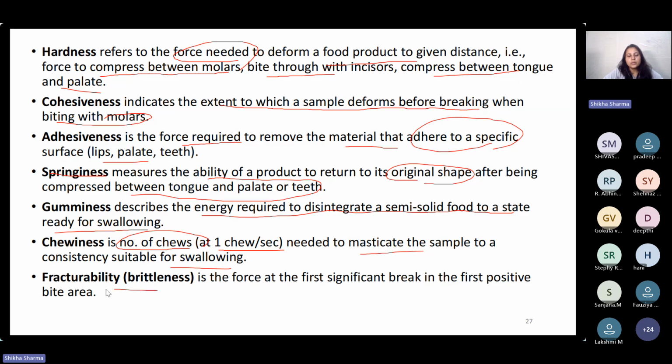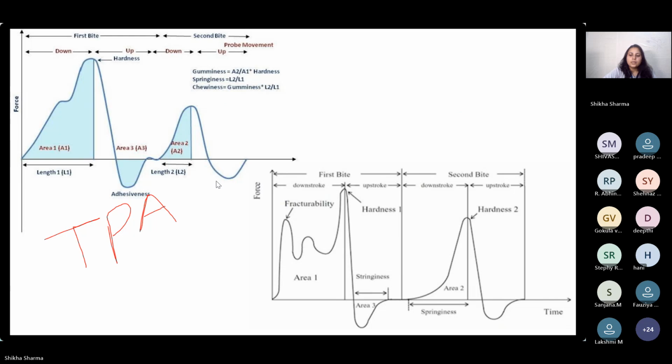Next is fracturability or brittleness. It means the force at the first significant break in the first positive bite area. So this is the first positive force, the first maximum force we are getting here. So this is the fracturability.